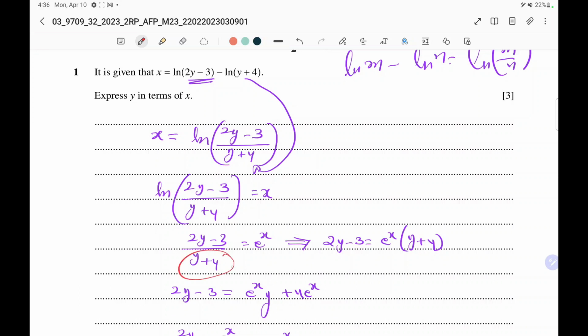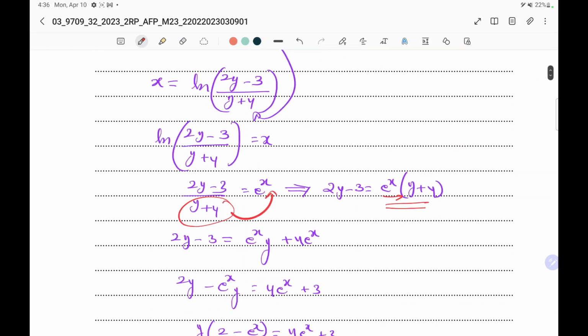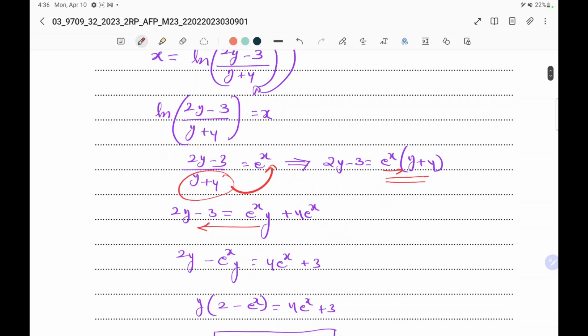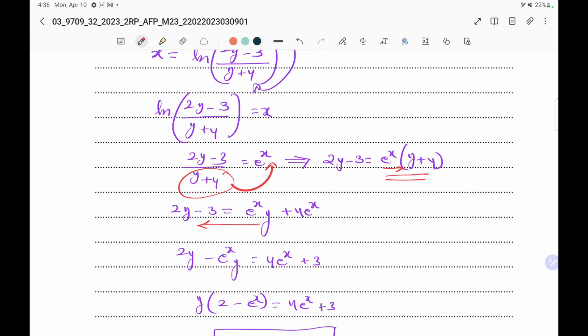Then multiply both sides by (y plus 4). Then 2y minus 3 equals e to the power x times (y plus 4). Expanding the bracket, 2y minus 3 equals y e to the power x plus 4 e to the power x. Now shift y e to the power x to the left side, and 4 e to the power x and 3 to the right side.